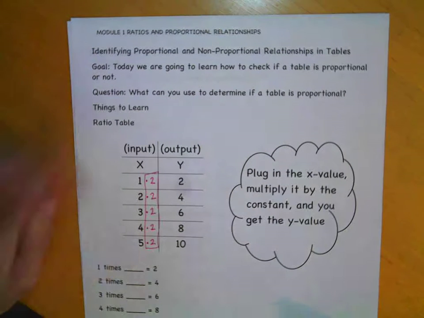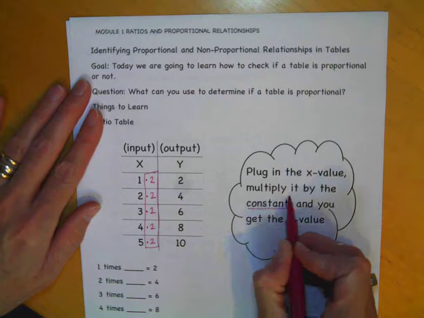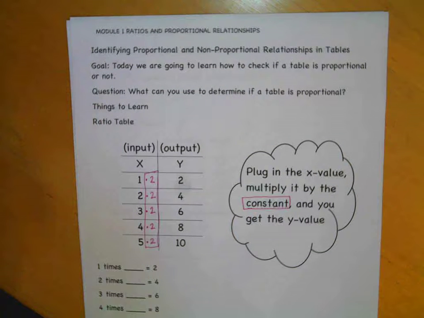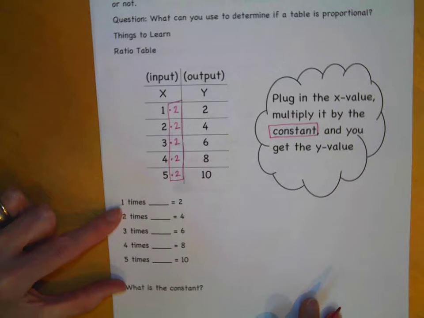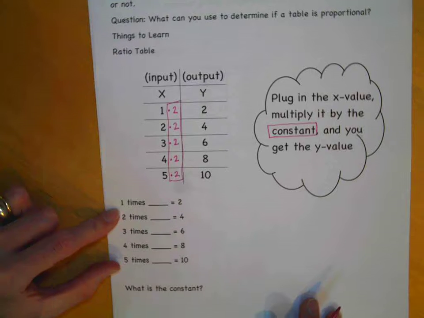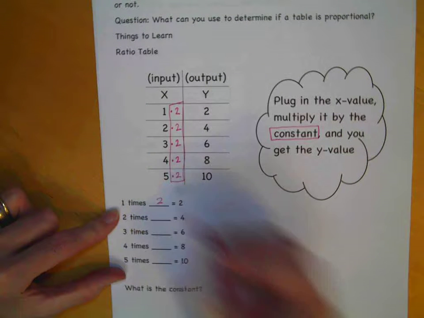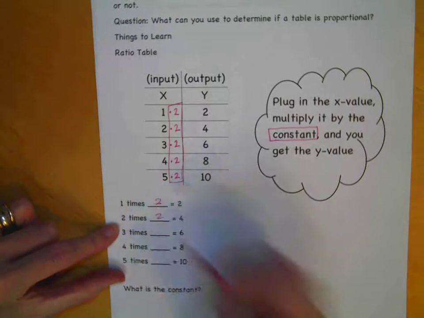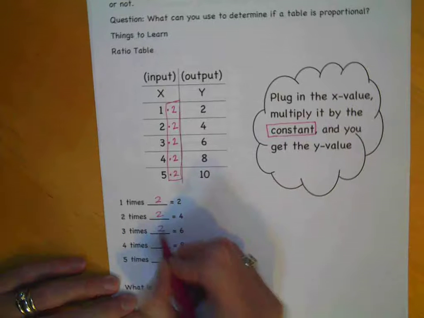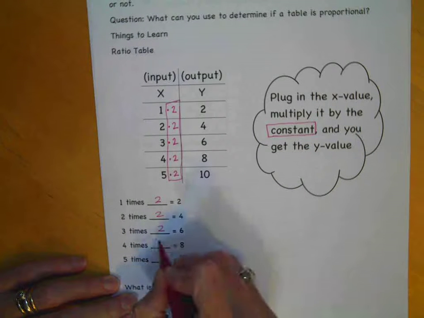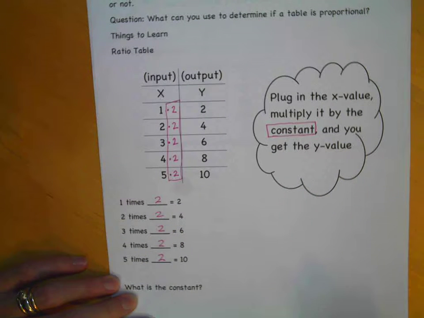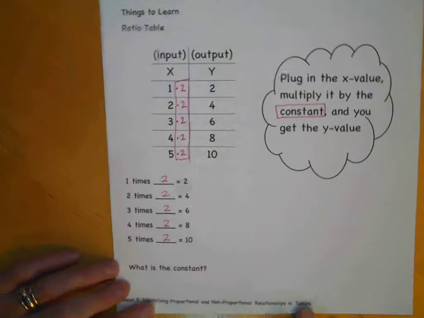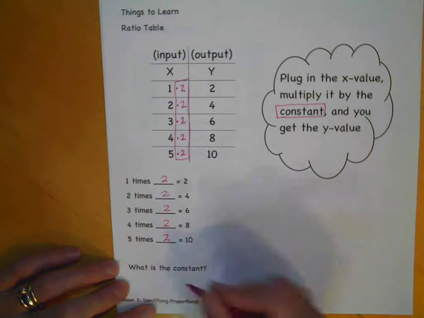When they're all multiplied by the same number, that becomes your constant value, the amount that they multiplied it by. Another thing we can do is set up this little sentence frame to help us check them. So 1 times 2 equals 2, 2 times 2 equals 4, 3 times 2 equals 6, 4 times 2 equals 8, and 5 times 2 equals 10. The question at the bottom says, what is the constant?